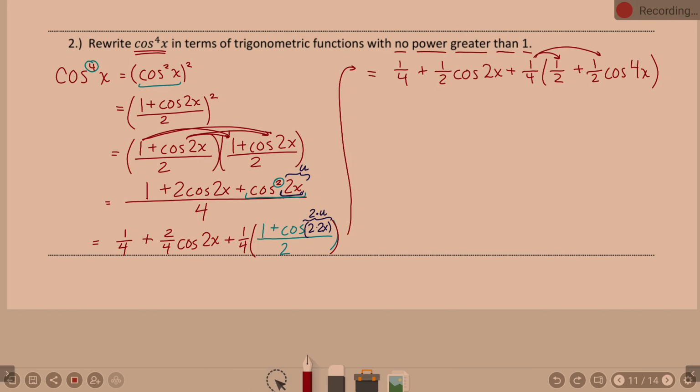I'm still carrying down 1/4 plus 1/2 cosine 2x out front, plus 1/4 times 1/2 is 1/8, plus 1/4 times 1/2 cosine 4x. 1/4 times 1/2 is 1/8 cosine 4x.